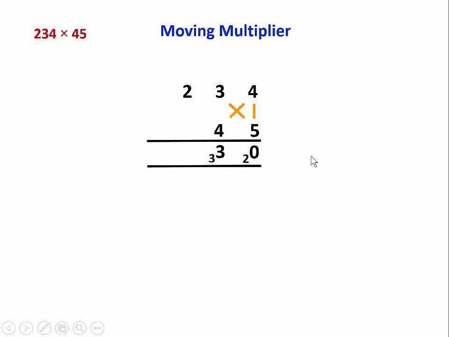Now we shift the 45 over and multiply crosswise here and here. So 10 and 12 is 22, and with the carry 3 we've got 25. Put down 5, carry 2. Finally we have the vertical on the left. 2 times 4 is 8, and with the 2 we get 10. So that's the same answer as we had before.